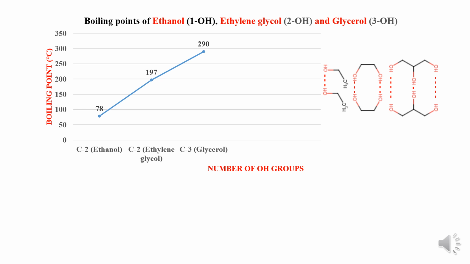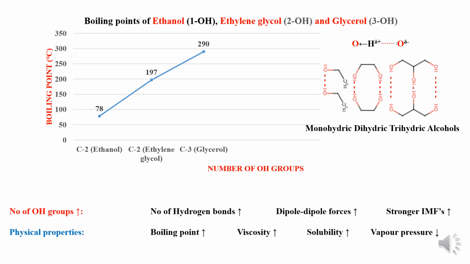So with the increase in the number of OH groups, the number of hydrogen bonds also increases. Though the operative force is only hydrogen bonding in case of these three alcohols, there is a difference in the boiling points because the number of OH groups is increasing. So with the increase in the number of OH groups, there is a corresponding increase in the boiling point.